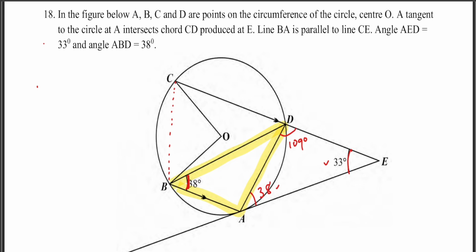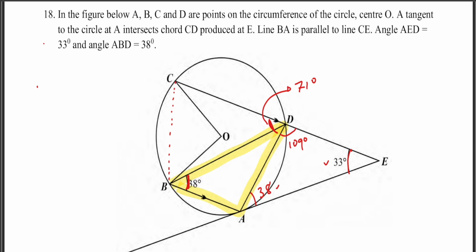We also need to get another angle. So it is 109, so the whole angle here should be 180 minus 109, because angles in a straight line add up to 180. So this whole section here should be 71 degrees.